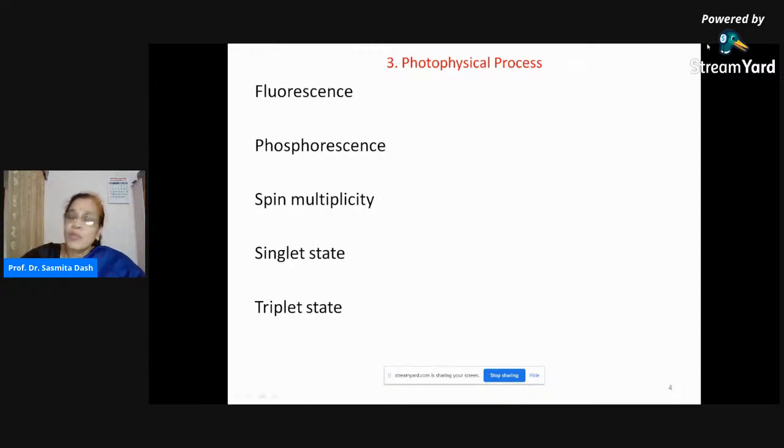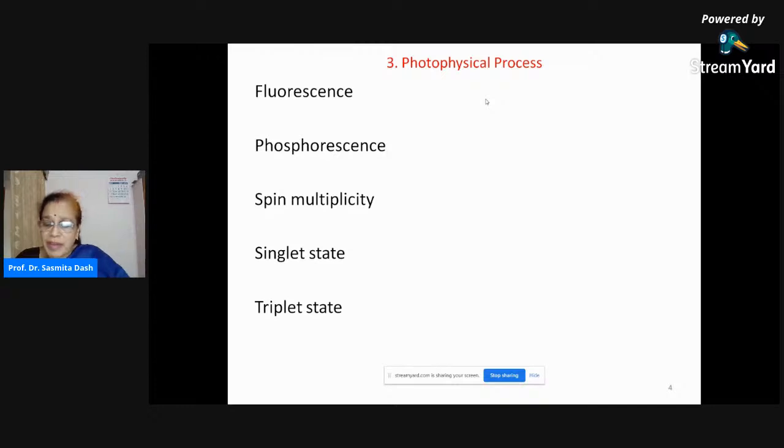Now we come to the photophysical process, which is a little different from the thermal reaction. Here we have different terminologies to be described. We will go through them one by one. In the introduction, I would say that in the photophysical process, when light is absorbed by a system, it can bring about a photochemical change.